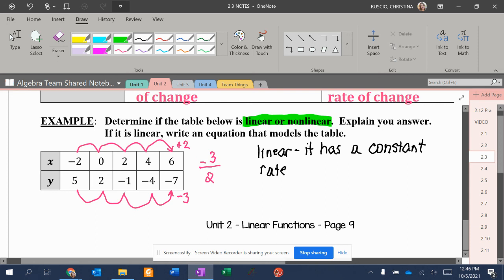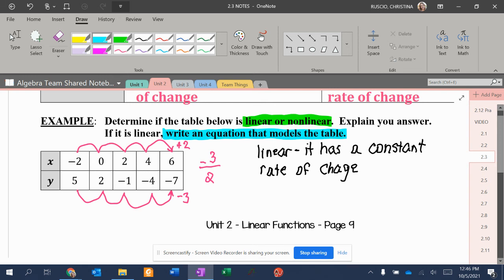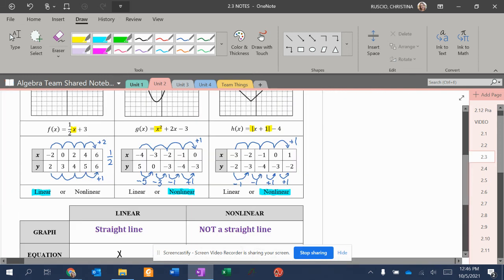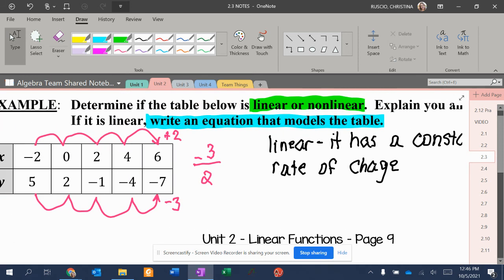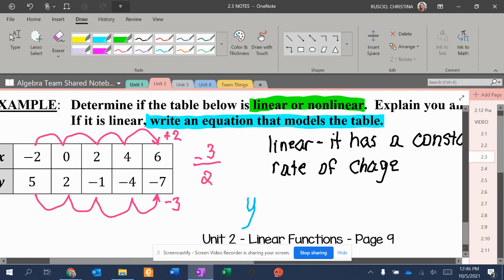All right, now here's where we need to probably brush off some cobwebs. Full on disclaimer, we're going to write this equation right now, but please know that later in the unit, we're going to do this more and more and more. So this is great. All right, so when I look at that, oh, why is my screen jumping? It doesn't want me to write the equation. Okay, so when I write an equation of a line, I like to write it in y equals mx plus b, or y equals b plus mx.